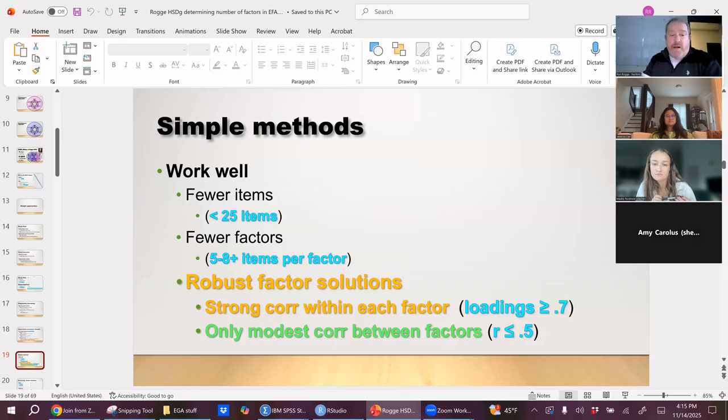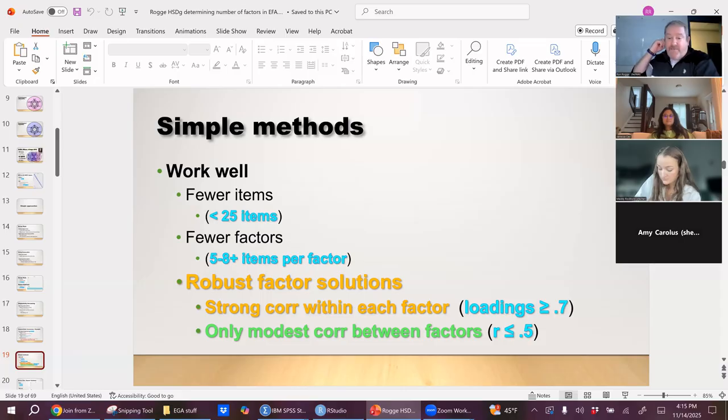So these simple methods work well if you have no more than 25 or 30 items. They work well if you have fewer factors, so it's not so complicated. And they work well if you have a really robust factor solution. And that's not always the case. Factor analysis is a lot easier to do and a lot less ambiguous if you have clumps of items that really strongly correlate with each other, because they will reliably extract.